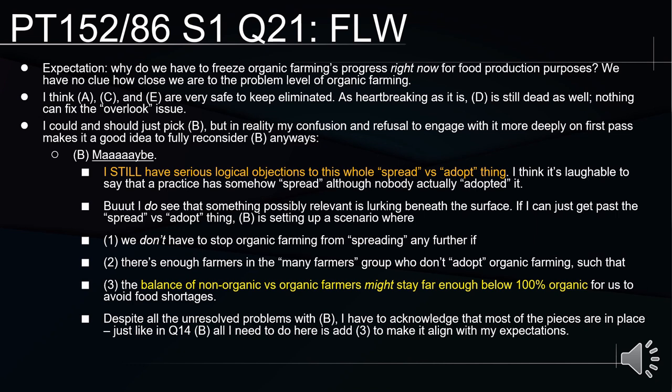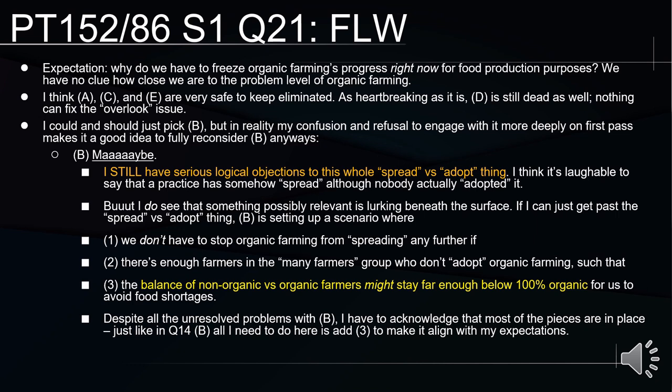So, as I've been saying just now, despite all the unresolved problems that I've been mentioning with B, I have to acknowledge that most of the pieces are in place. Just like in question 14's correct answer B, all I need to do here really is to add the element 3 here above to make it align with my expectations.